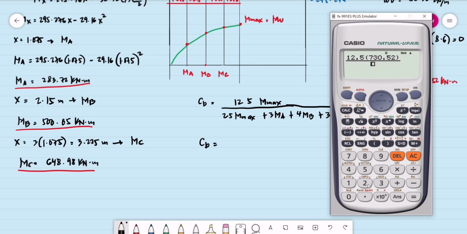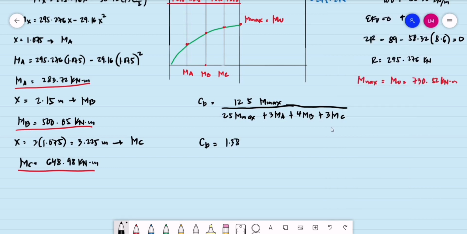Then divided by 2.5 of M max, 730.52, plus 3 times MA, 283.72, plus 4 times MB, that is 500.05, then plus 3 times MC, 648.98. So let's say the value of C sub B is equal to 1.38. So we have now the value of C sub B. We can now compute for the nominal moment capacity.